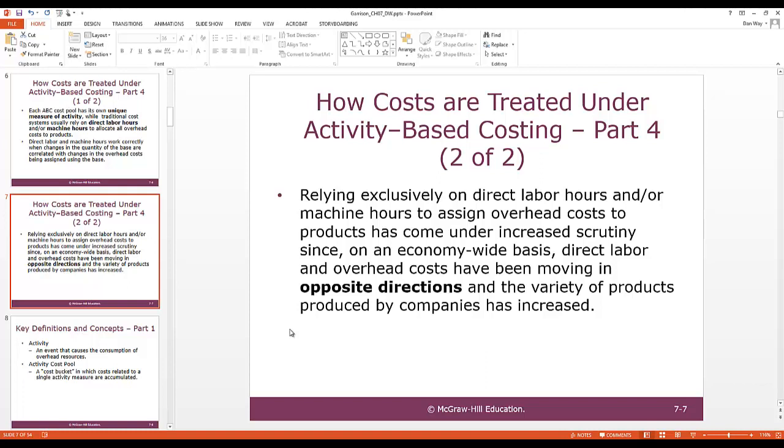So labor costs have certainly been decreasing, while overhead costs have been increasing substantially. In addition, companies tend to produce a much wider variety of products these days than they did in the past. So to get a more accurate picture of the costs that are driven by individual products and services, it's necessary to take that cost analysis down to a more granular level and analyze the individual activities that are driving those costs.